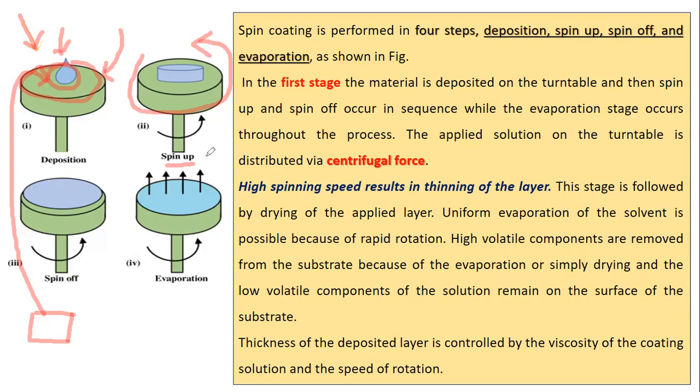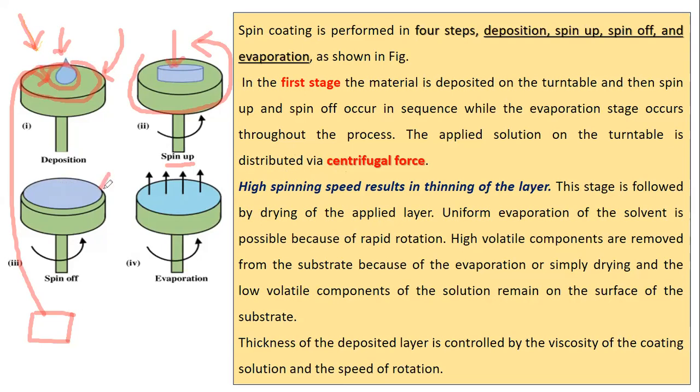That is the spinner. And after that, if we spin off that particular system, at the same time, what will happen? This particular drop which we have deposited onto the substrate is uniformly spread.